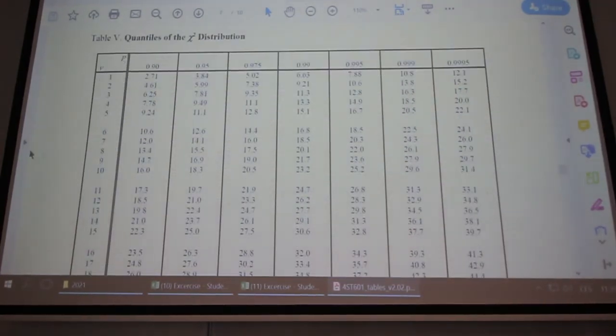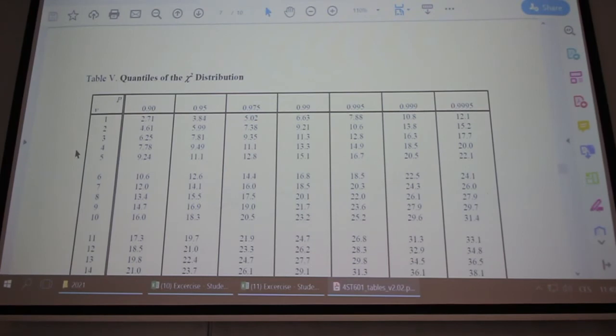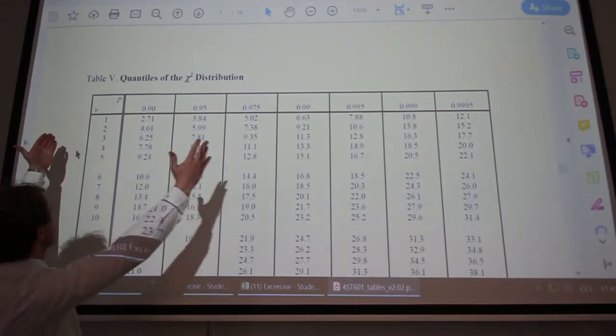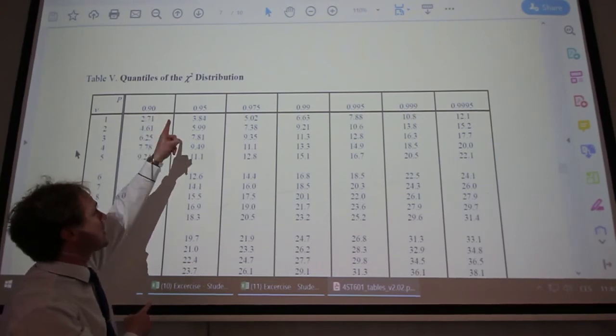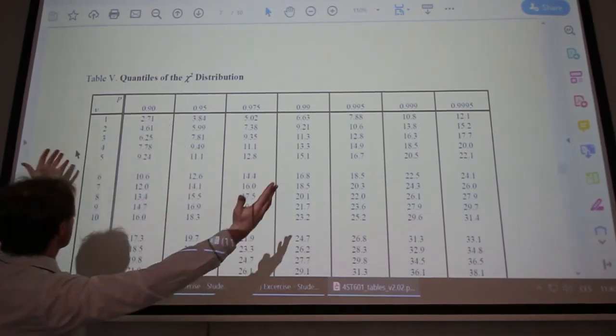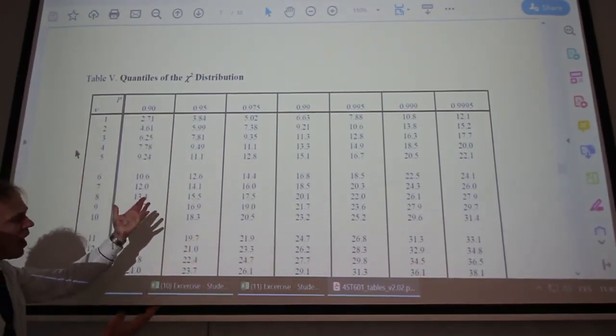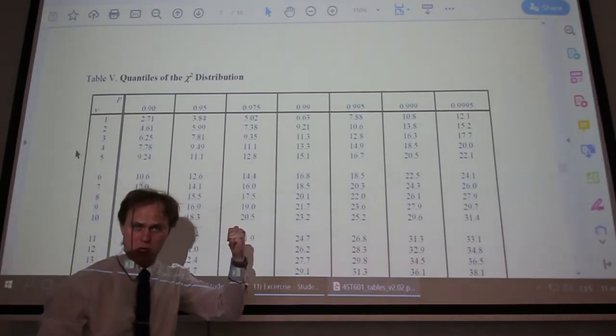It will be necessary to prepare table 5, quantiles of the chi-square distribution. Everything is ready. I will solve this example for you on the whiteboard.